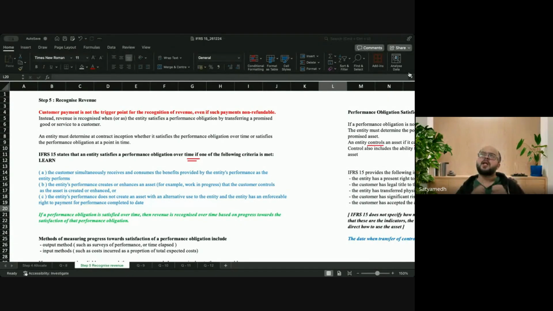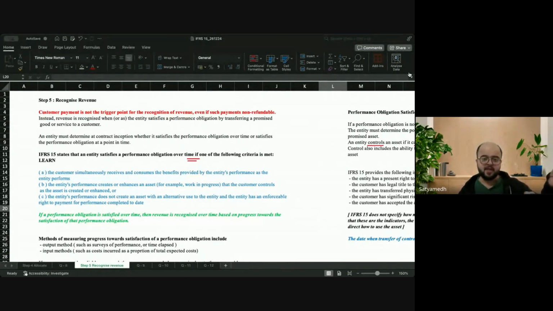Now let's understand that if we have established that the performance obligation has been satisfied over a period of time, then how do we account for revenue? Ideally, revenue recognition is basically give and take. If you say that I have done 20% of the work, you should get paid for 20% of the work done.